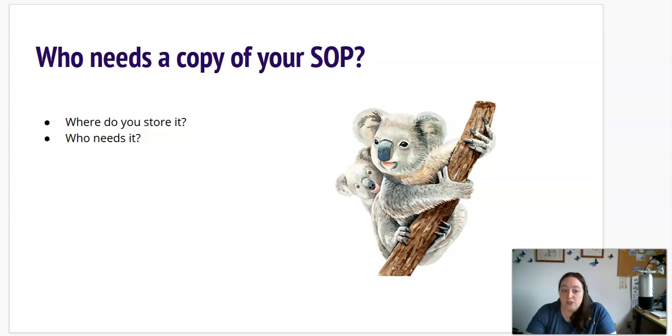And if they have questions on the SOP, it's easy to ask those questions. And where do you store it? Like I said, I use Google Docs, so I have everything stored inside my Google Drive. I have a separate folder just for SOPs, so it makes it easy to grab whichever one I need.